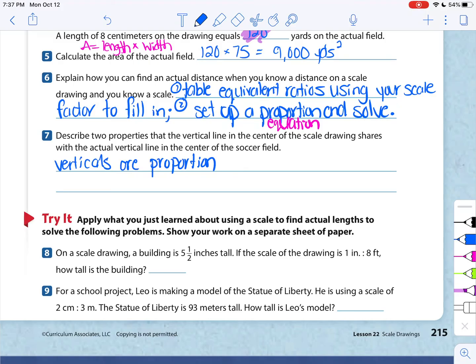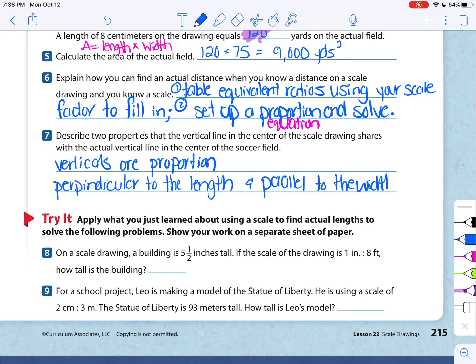Also, your vertical line is going to be perpendicular to the longer side, or the length, and it's going to be parallel to the width.